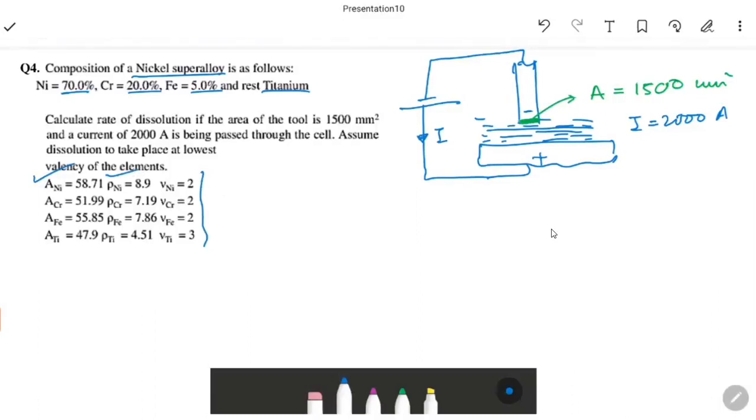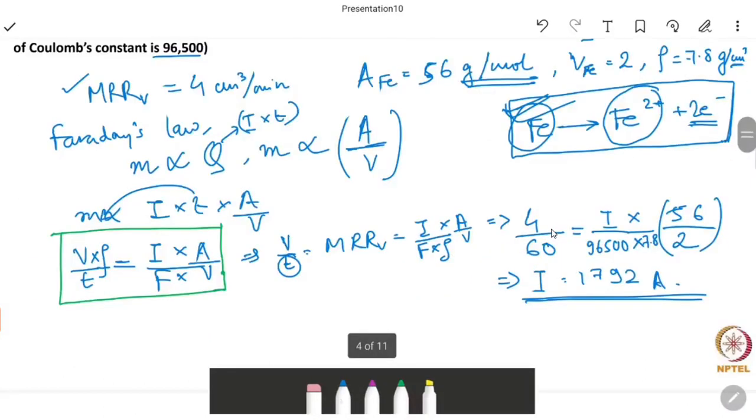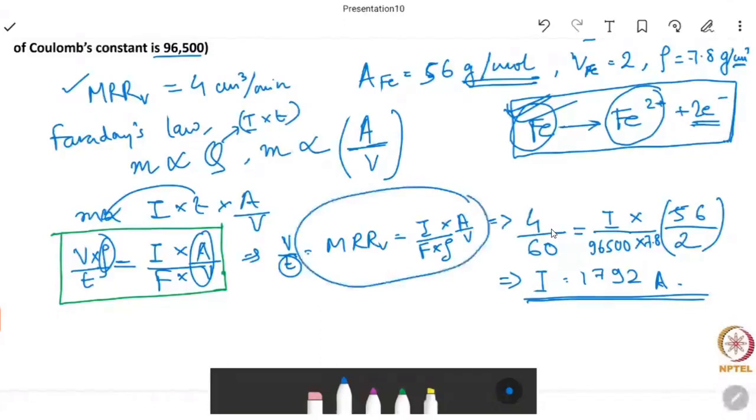We can understand that you can't directly apply this formula here because you have a set of A and V given, and you have a set of rho given, right? So you can't directly calculate MRR by using this.